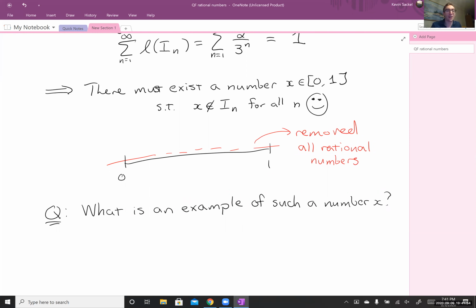If you've taken a real analysis class, then you can prove that such a real number x exists, if you like. And the question is, what is an example of such a number x? So does anybody want to guess some number that they might expect to show up in this, that's not in any of the I_n?